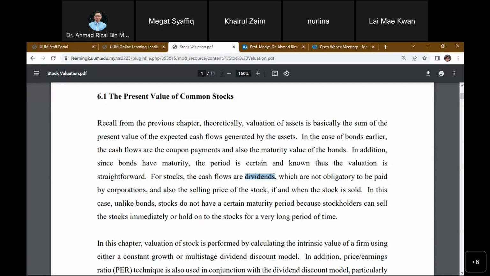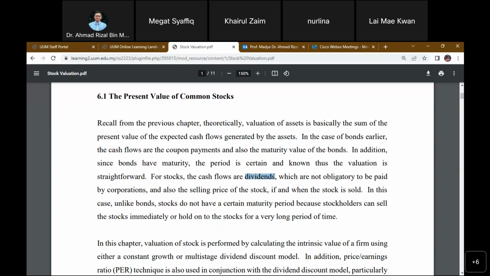But for theoretical purposes, the finance academic pioneers use the dividend discount model to perform valuation on stocks. They build the model under the assumption that even if the company does not pay dividend, or does not pay dividend regularly, what the dividend entails is the cash flow capacity of the company.